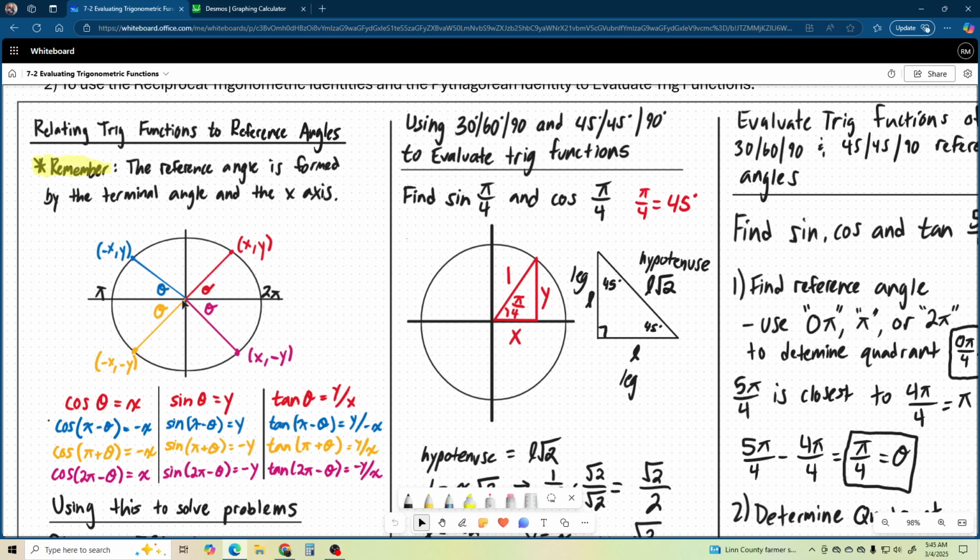Now on this orangish yellow color, we're in the third quadrant. The x and y values are both negative for cosine and sine. Therefore, tangent is negative y over negative x, which is the same as just positive y over x. In this case, we take pi and add theta to it, so whatever the value of pi is, we would be adding a little bit more.